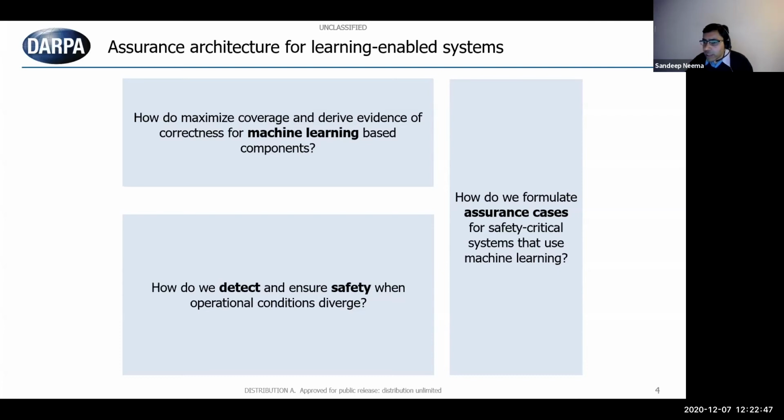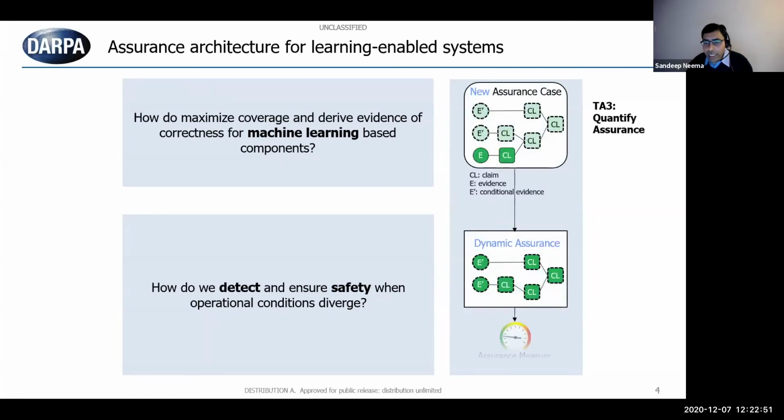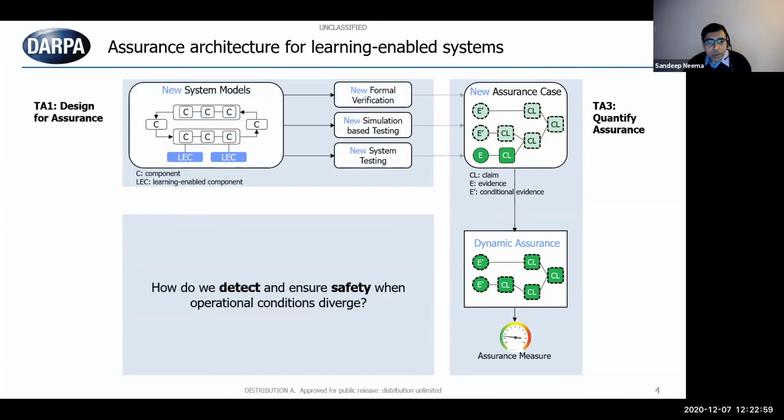In DARPA speak, these end up being technical areas of the program. And so we have three technical areas, the TA3, which is the assurance case. I will not belabor this too much. The TA1 is what we call the design for assurance technical area. This is looking at the core classical systems engineering techniques, but rethinking and reforming them to some extent for learning algorithms.